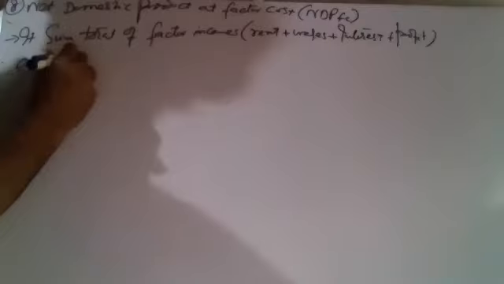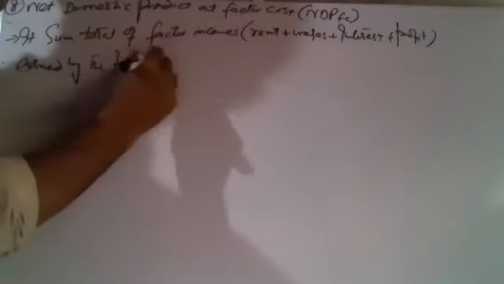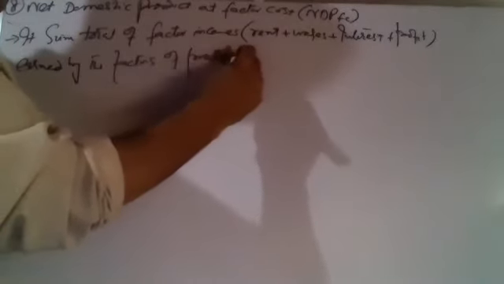So it is the sum total of factor incomes, in the form of rent, wages, interest, and profit, earned by the factors of production of a country within the domestic territory during 1 year, excluding depreciation.